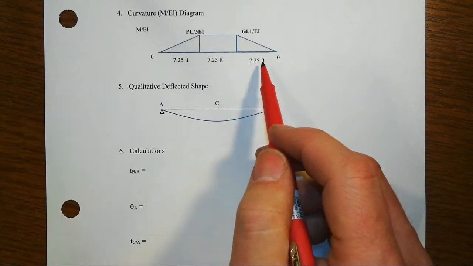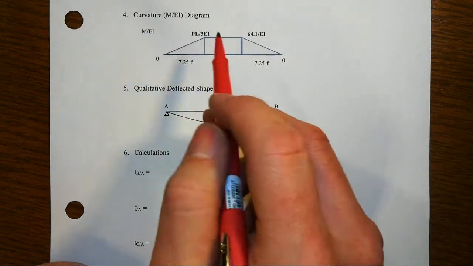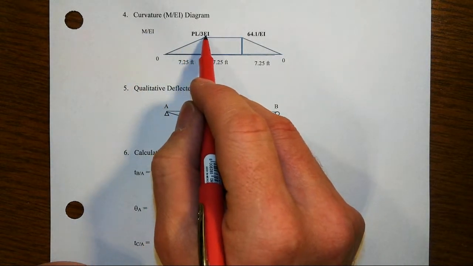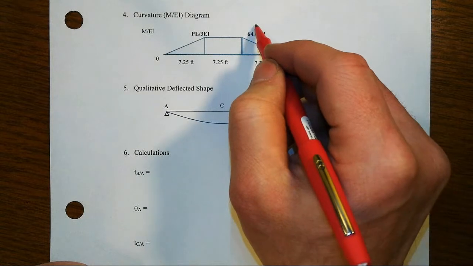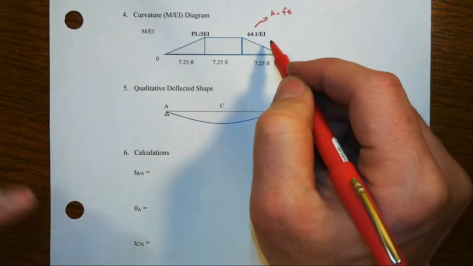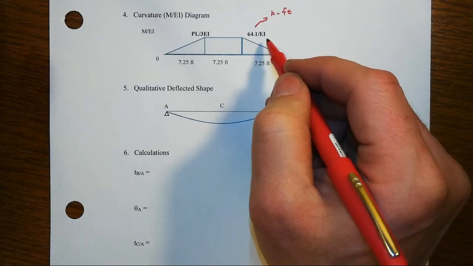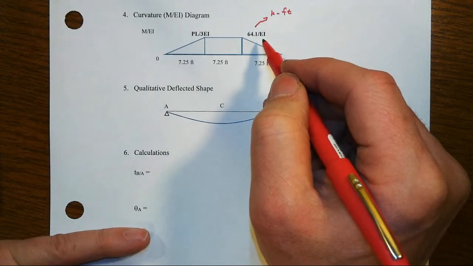Now we take that moment diagram and divide by the EI to give us curvature. We have constant EI all the way along the length. I am not going to put in 375 inches to the fourth. Remember, the 64.1 is in kip-feet, and I don't want to mess around with converting from kip-feet to kip-inches and then dividing by a number like 375 inches to the fourth. I'm going to leave it in symbolic terms.